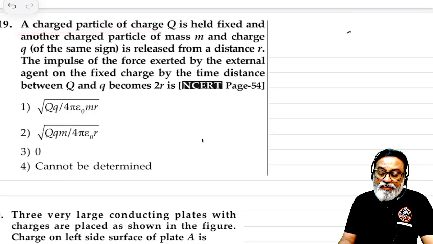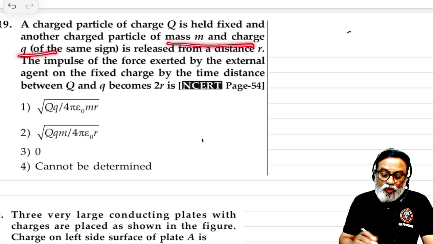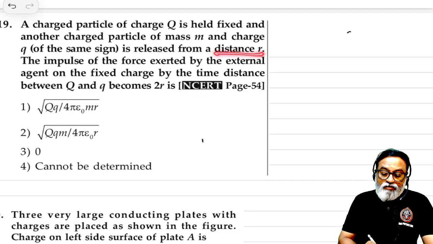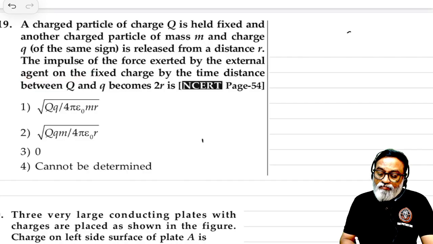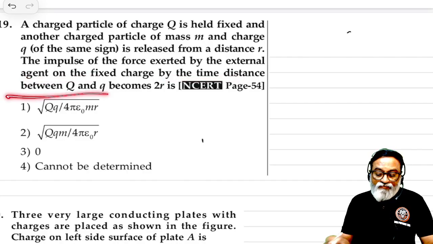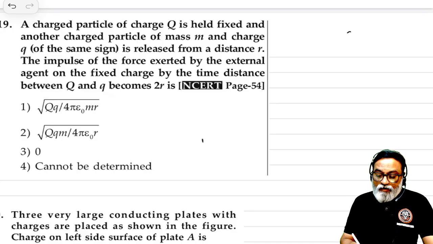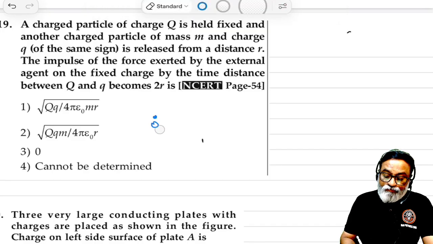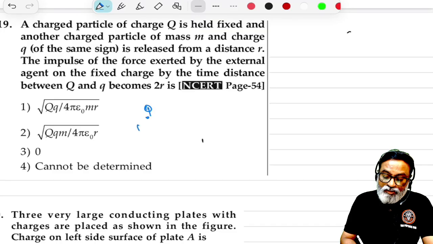A charged particle of charge q is held fixed and another charged particle of mass m, charge q of the same sign, is released from a distance r. The impulse of the force exerted by the external agent on the fixed charge by the time the distance between q and q becomes 2r. See here, this is the charge q, this one is fixed.